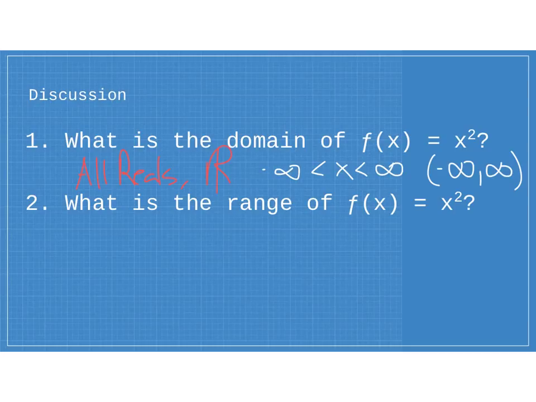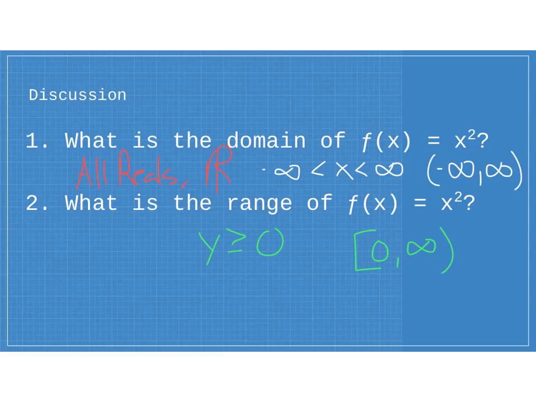Now our range, written in inequality, would be y is greater than or equal to 0, which is the y value of our vertex, or written in interval notation, it goes from 0 to positive infinity.